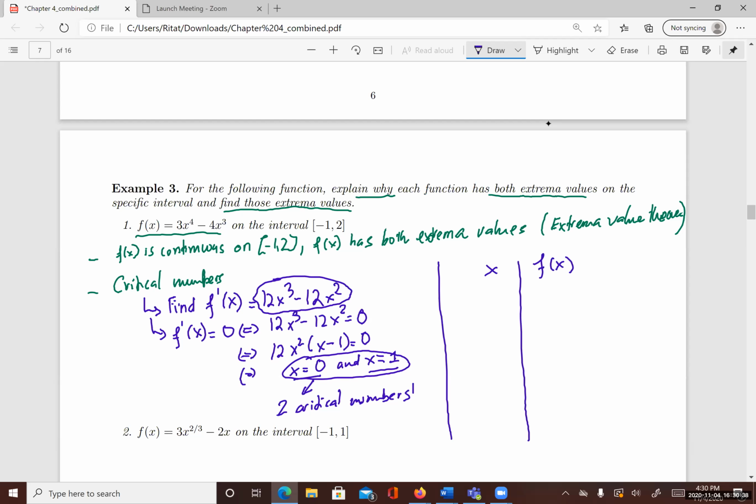Critical numbers: 0 and 1. Endpoints: -1 and 2. I set up this table and plug all these values into the function f of x.